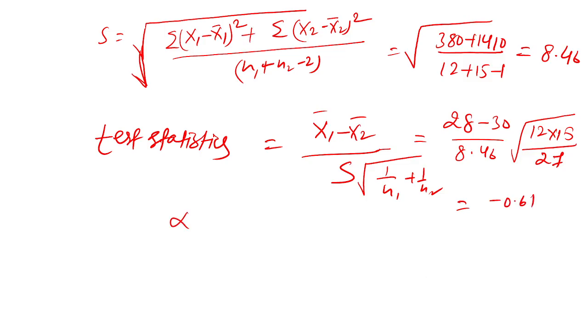So let's say alpha is equal to 5%, and the degree of freedom is n1 plus n2 minus 2, which becomes 25. Then the T table again. We didn't set the hypothesis yet.